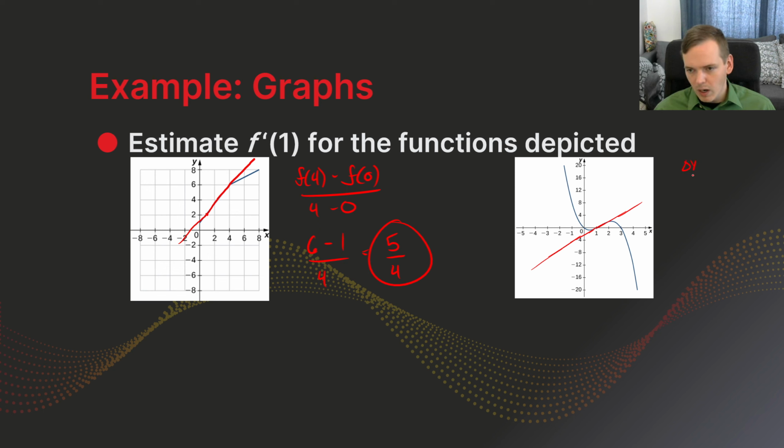So delta y is equal to -2, delta x is equal to 1. So f prime of 1 is approximately -2 divided by 1. F prime of 1 is approximately -2. So again, the estimate is just trying to estimate the slope from the graph.